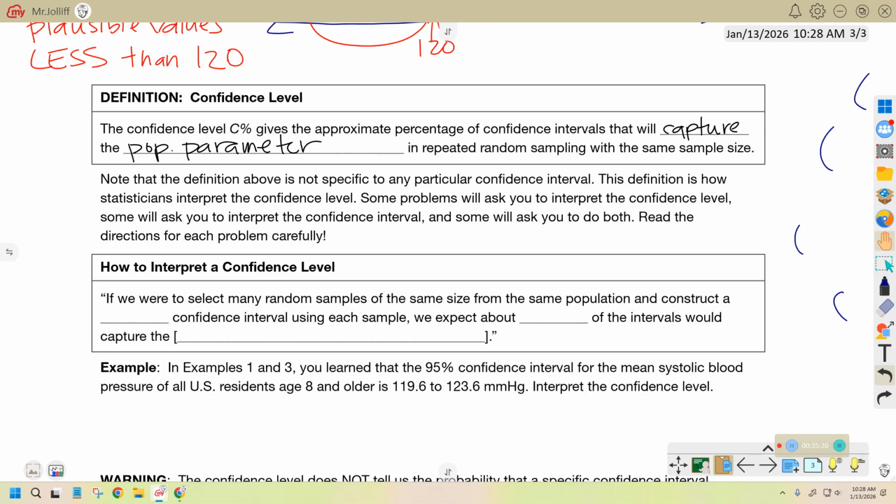So until you understand it up here and you practice with it, there is a sentence frame. This is your friend for your homework. Please use it.